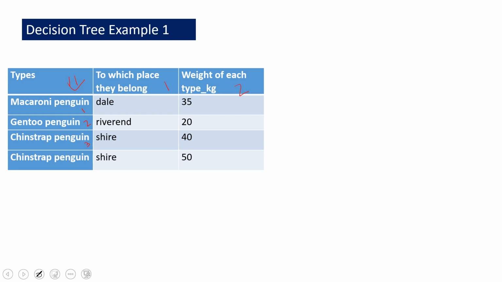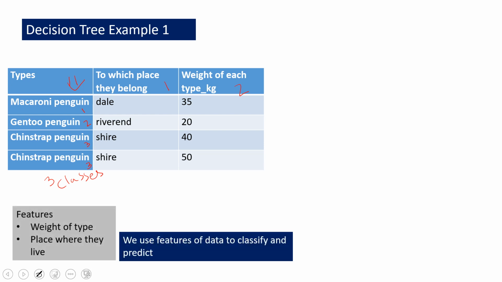This one is again type 3. So we can say that we have three classes over here, right, which we want to classify. All right, so we want to categorize each animal based on its features.